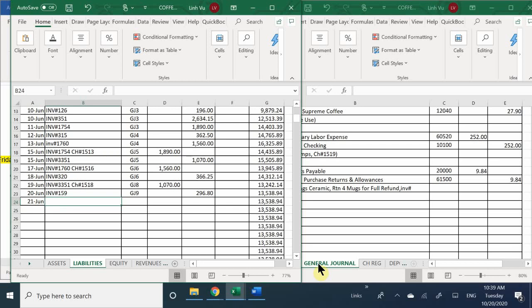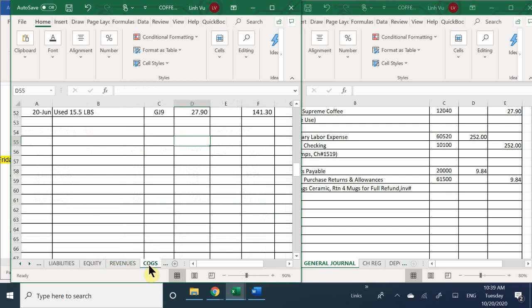Return 4 mugs. And then the ceramic. Okay. General journal number. Are we still on number 9? Yeah. How much are we decreasing it by? 984. All right.